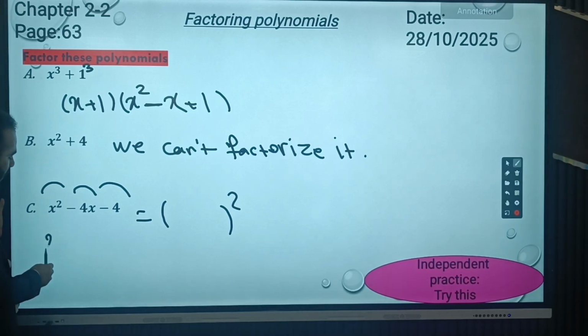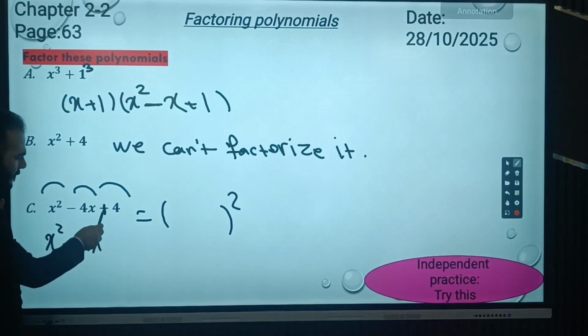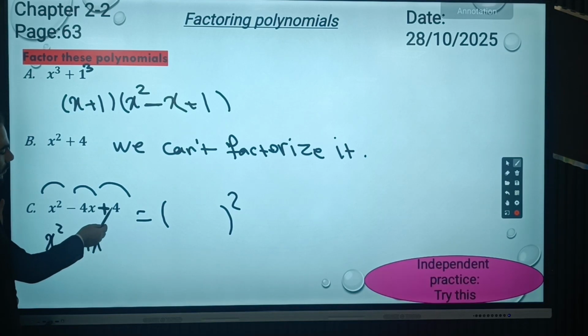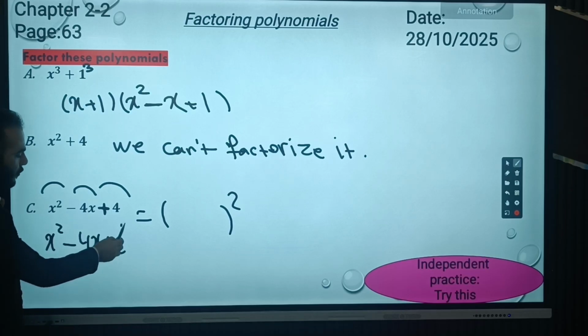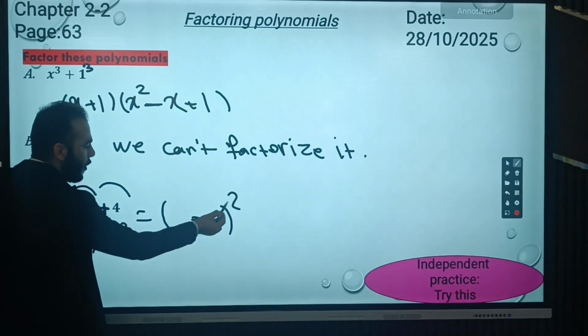Here the first one is, but the last one is not. So let's just make it 4x. Instead of this, negative must be positive. You can just change it. So 4, we can write as 2 to the power of 2. Right now, we can definitely find out, since there is minus here, we have the square of a difference.